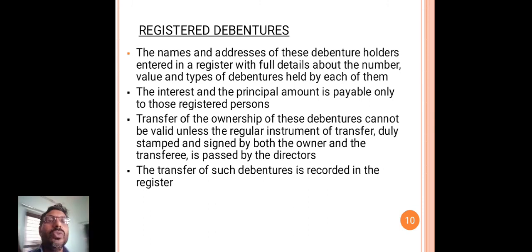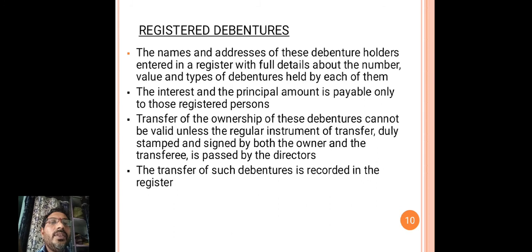Transfer of the ownership of these debentures cannot be valid unless the regular instrument of transfer, duly stamped and signed by both the owner and the transferee, is passed by the directors. The transfer of such debentures is recorded in the register.